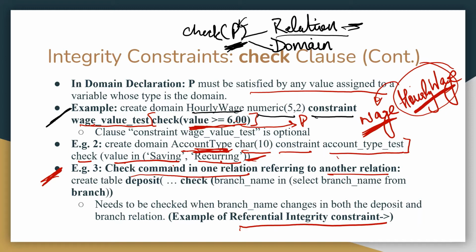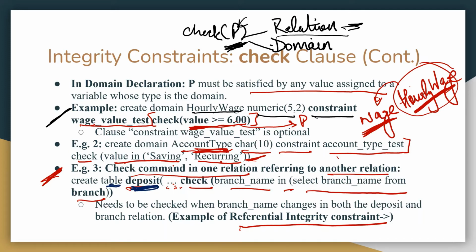Now let's see this with the help of an example without getting confused. So we have create table deposit, and then we have some of its attributes with their types, and then we have check branch name in select branch name from branch. Now just try to understand what we are doing here. We were defining a table deposit, right?